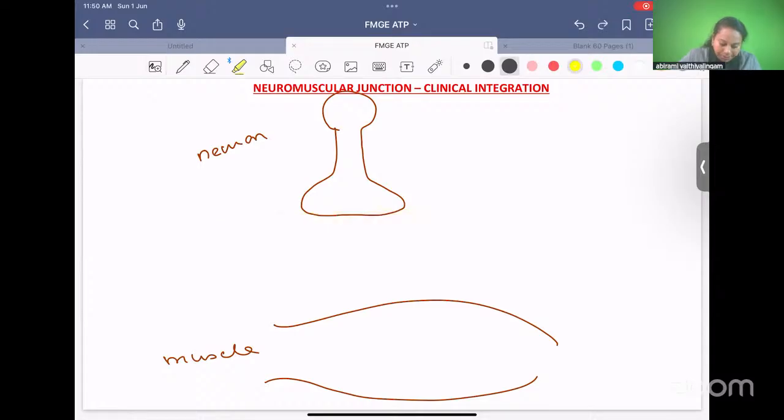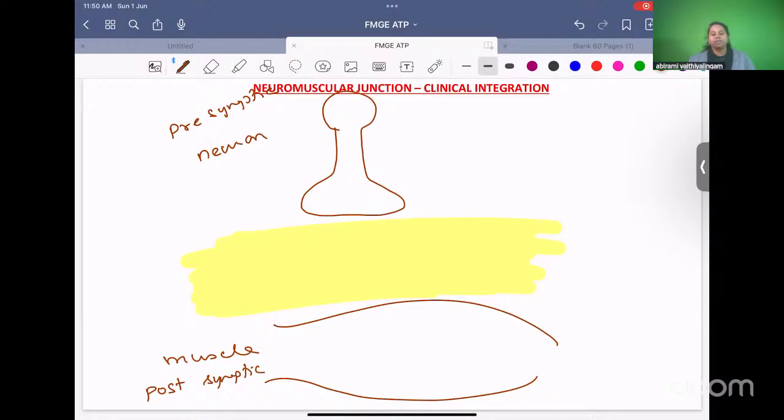So this yellow space is the neuromuscular junction. I can call this neuron presynaptic, because it is present before the synapse, and the muscle is called postsynaptic because it is present after the synapse. So presynaptic neuron, postsynaptic muscle.